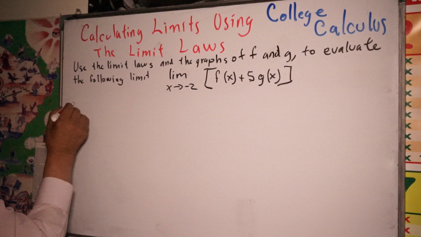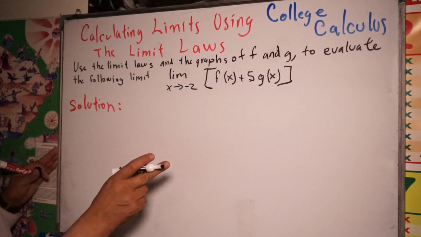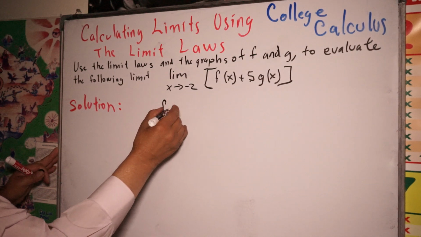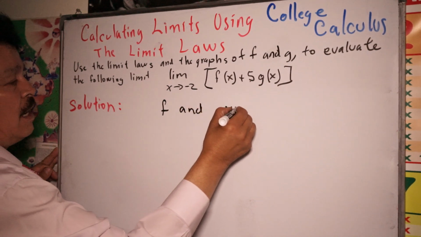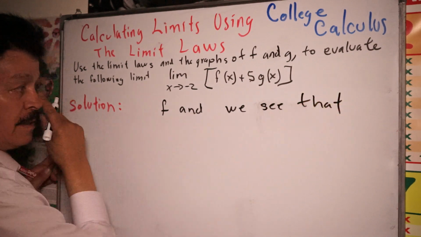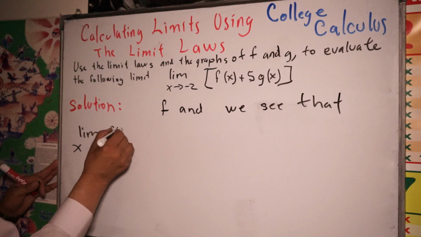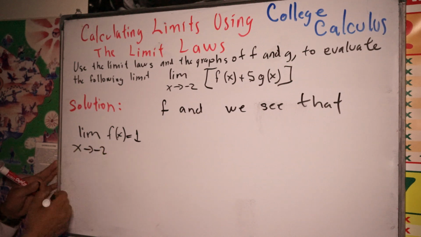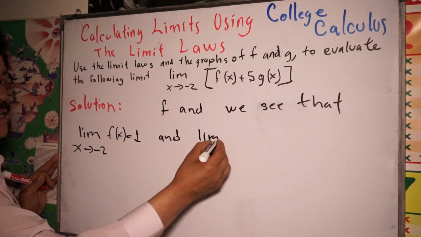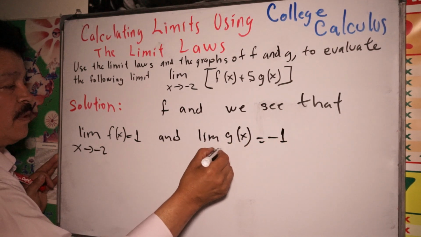So, the solution of the problem. In the graph of f and g, we see that the limit of f of x equals 1 as x approaches -2. And the limit of g of x equals -1 as x approaches -2.